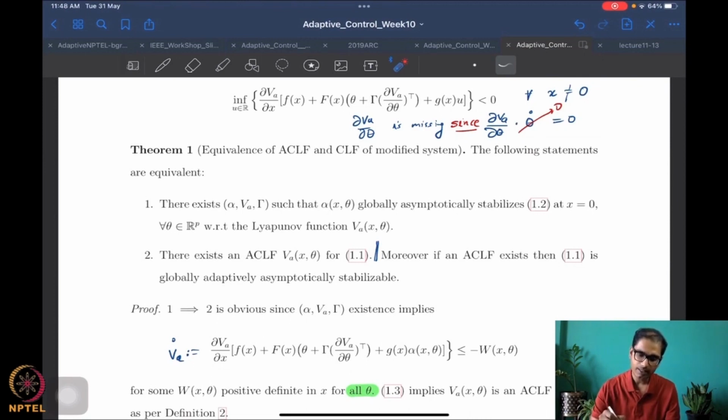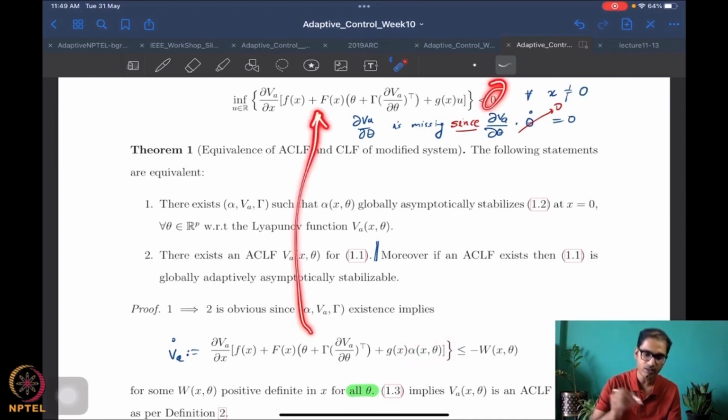Here, I'm saying there exists one value of control for which this is negative definite. So if there exists one value of control for which it is negative, then I'm done. I'm satisfying this already.